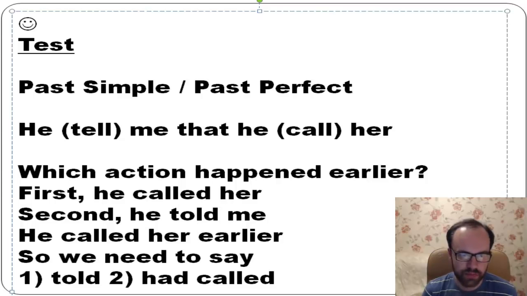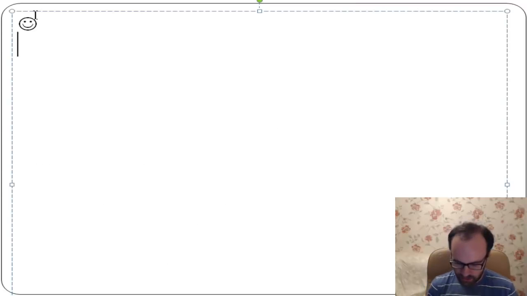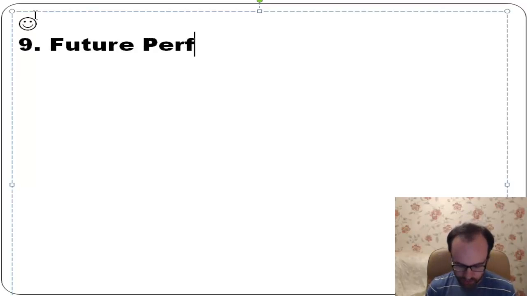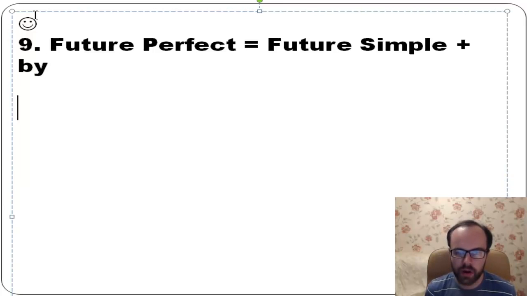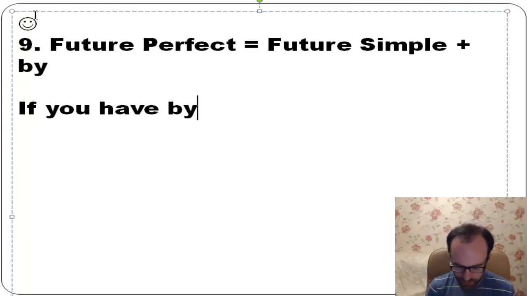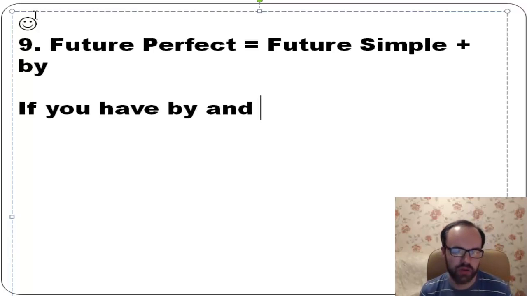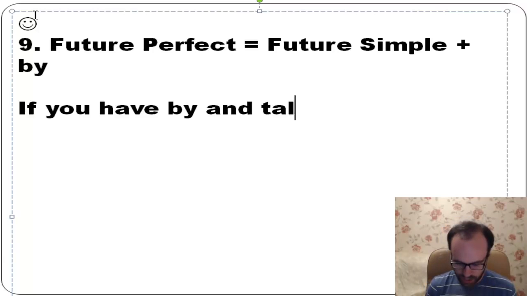Good. Very good. And future perfect. So what is future perfect? It's future simple plus by. If you have by and talk about the future, you use future perfect.